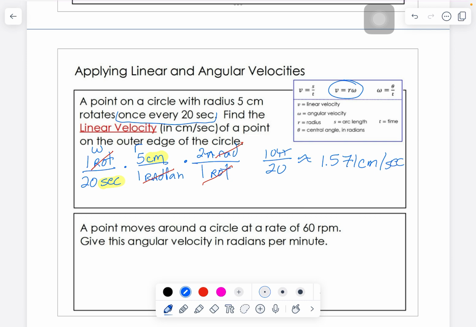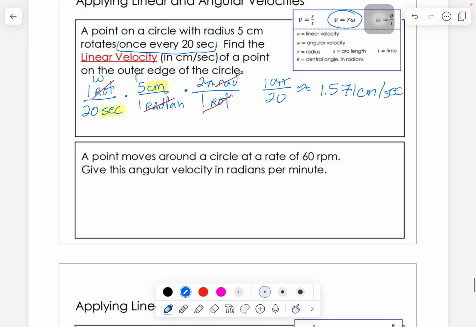A point moves around a circle at a rate of 60 revolutions per minute. Get that angular velocity in radians per minute. So I'm going to go with 60 rotations or revolutions, I guess they're synonymous, per 1 minute. And I'm going to say 2 pi radians per 1 rotation or revolution.